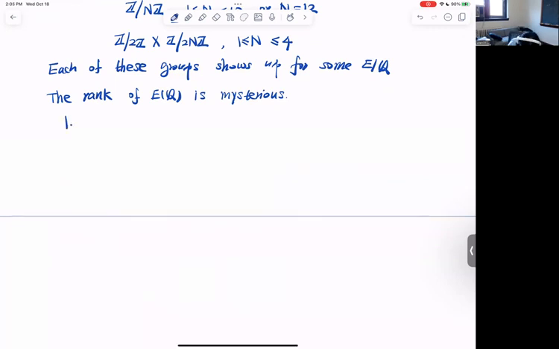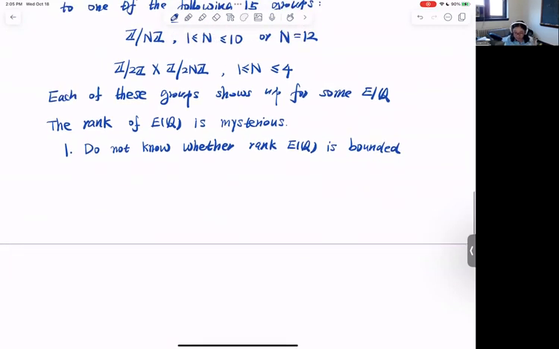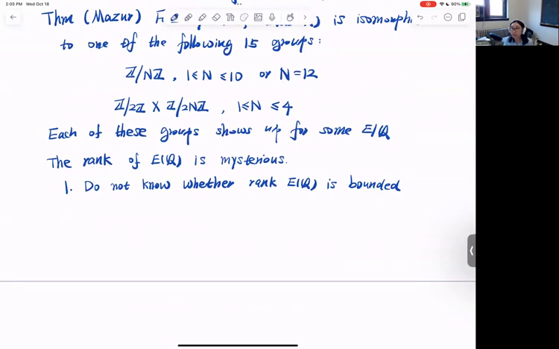So point one is we do not know whether the rank of E(Q) is bounded, whether there's an absolute bound. In other words, whether, just like the torsion, there are only finitely many possibilities. We don't know that. And two, we don't have a deterministic algorithm to compute it. So let me just say how to compute.